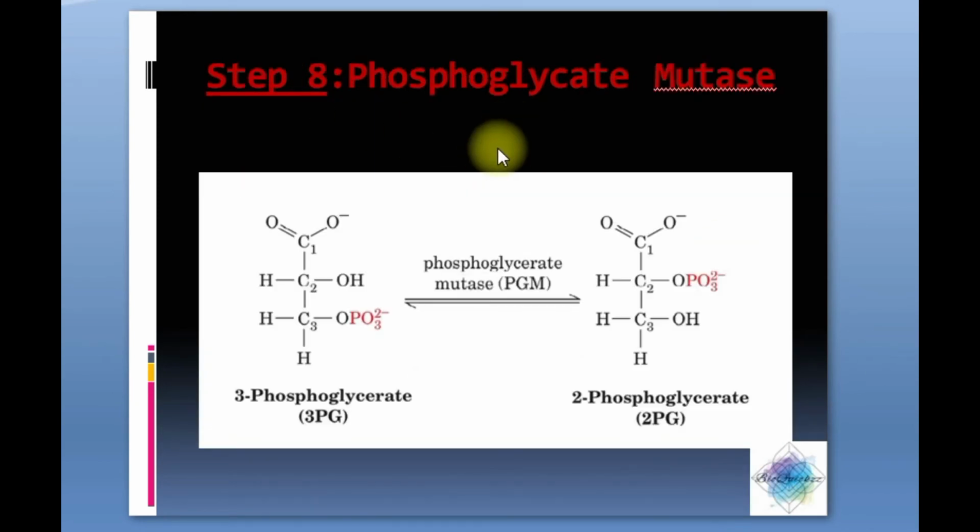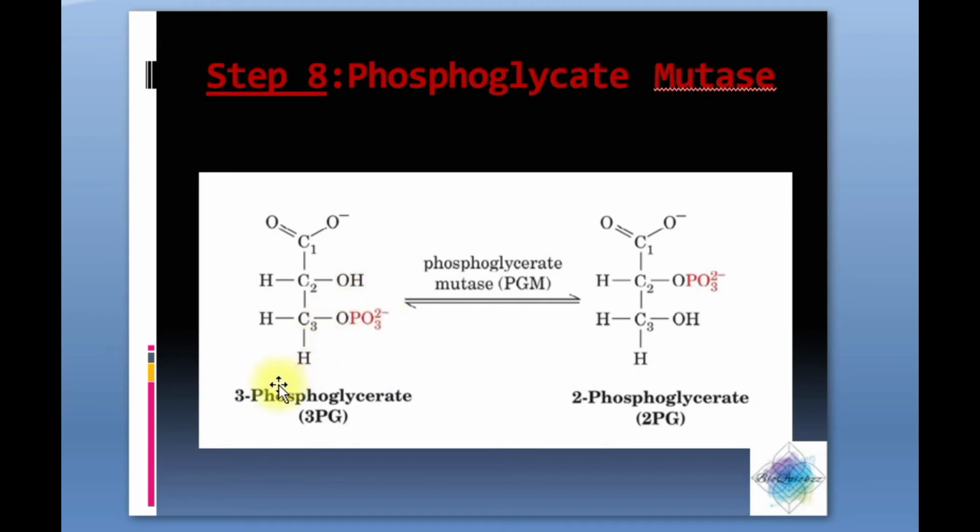Step number 8 is phosphoglycerate mutase. Here 3-phosphoglycerate is converted to 2-phosphoglycerate. The enzyme used here is phosphoglycerate mutase. Mutase belongs to the isomerase group of enzymes in which there is a transfer of a phosphoryl group.